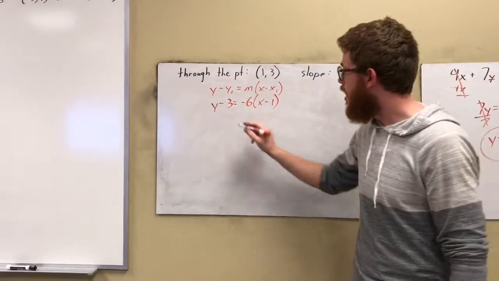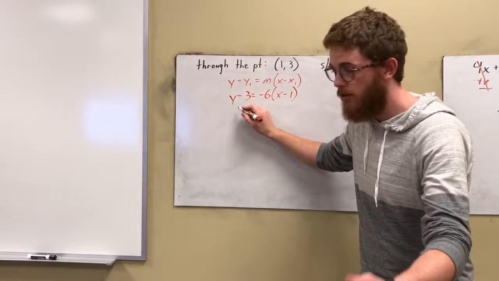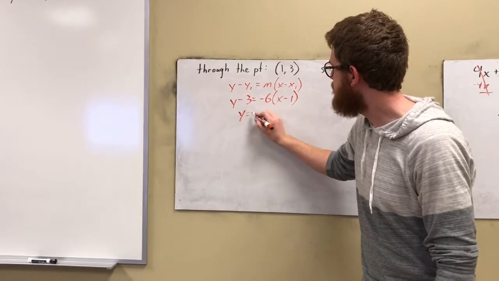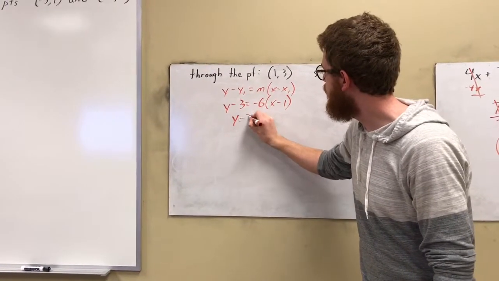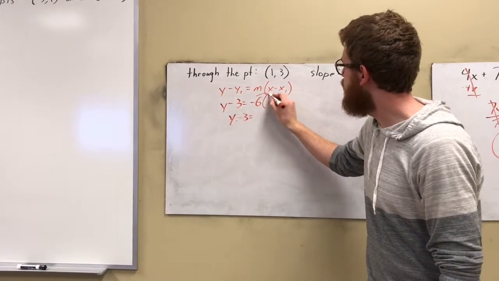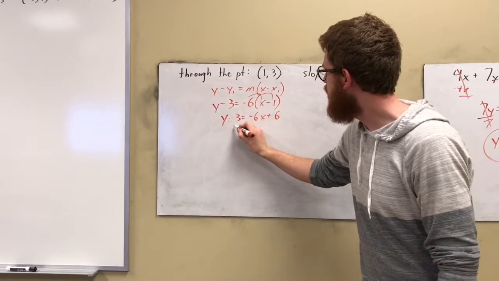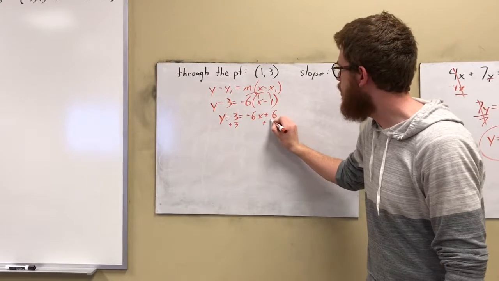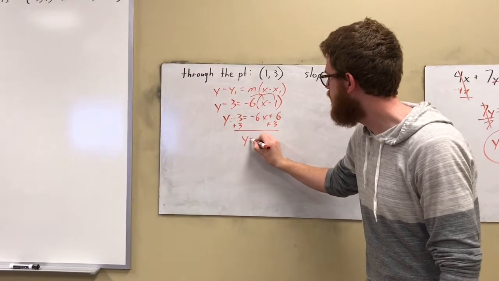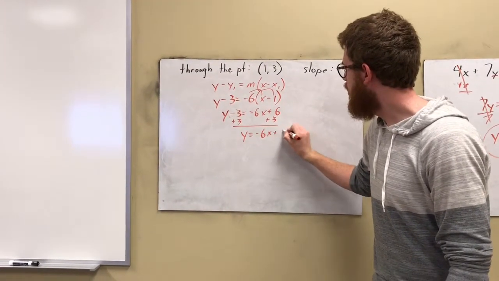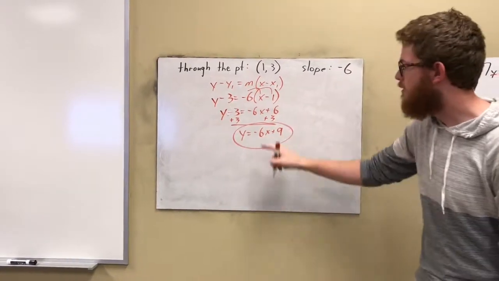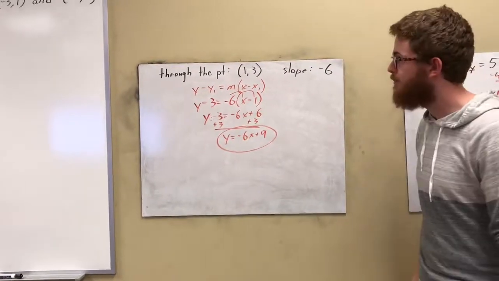Now we solve for y to get it in slope-intercept form. I'm going to distribute that negative 6, and I'm going to add the 3 over to get y completely by itself. And now we are in slope-intercept form once again.